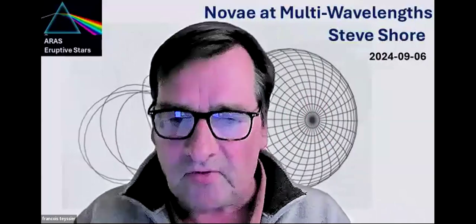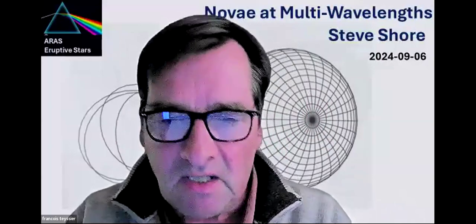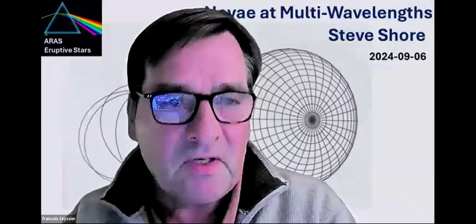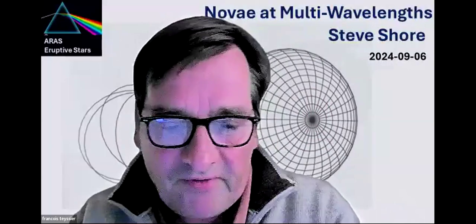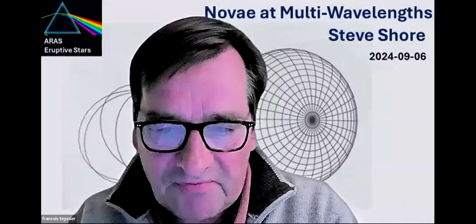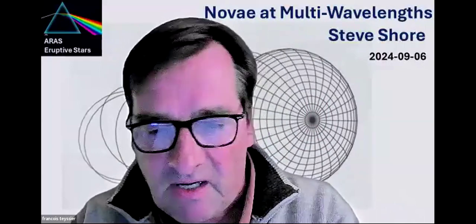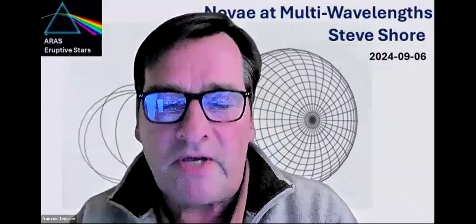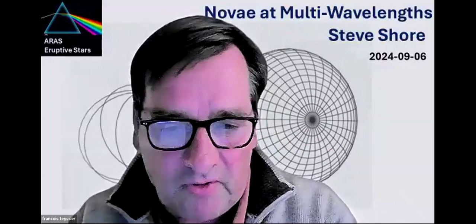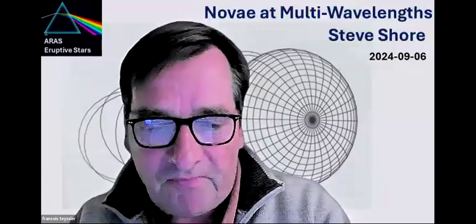Welcome to this Zoom session dedicated to the study of Novae at various wavelengths. Many of us have acquired spectra of Novae in the visible range or near UV, near IR wavelengths, say from 3,300 to 10,000 angstroms.